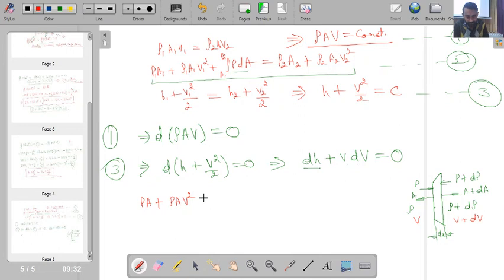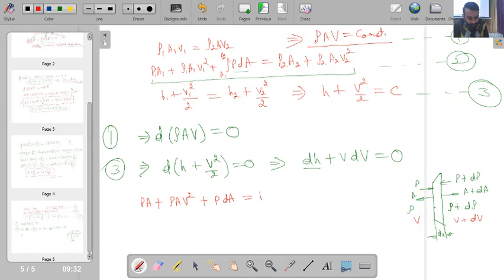Okay. Then I can write plus P into dA. So area change through this is nothing but dA only. So this integration I can write as P into dA in place of integration, because integration is if I include the complete finite control surface. Here I am only considering the differential control surface. So then it will be PdA.